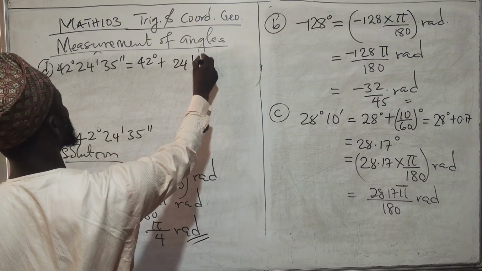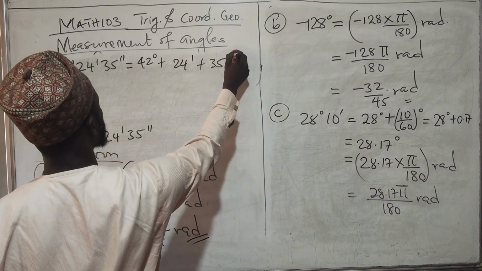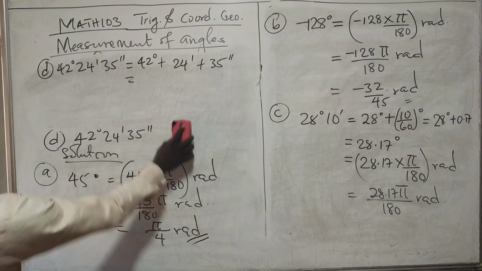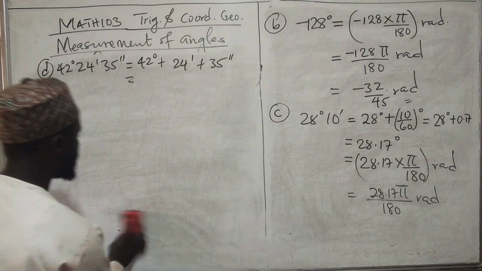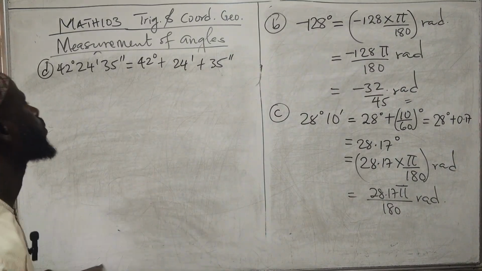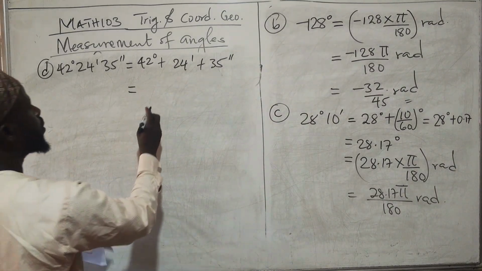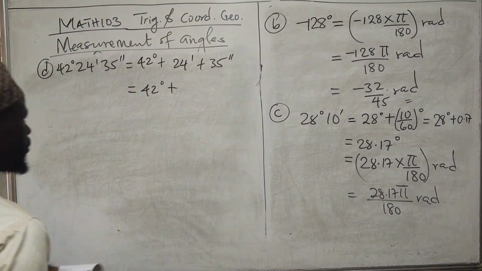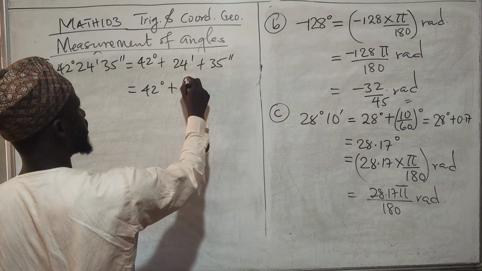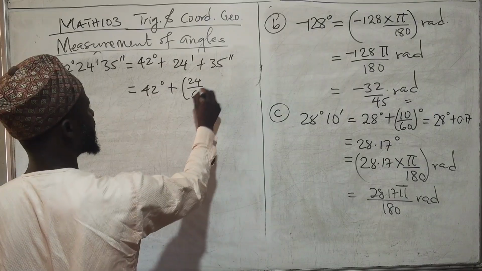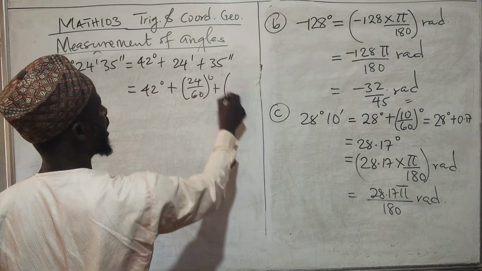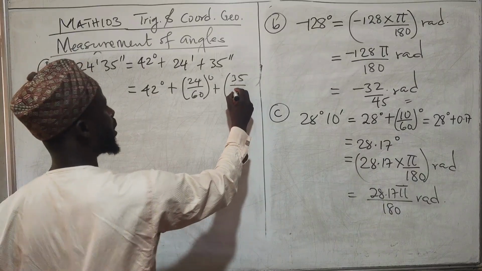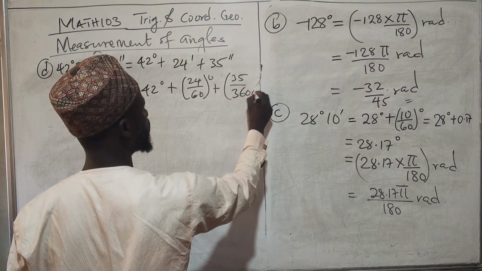So this is equal to 42 degrees plus 24 divided by 60 plus 35 divided by 3600. Remember, we are converting from seconds to degrees.